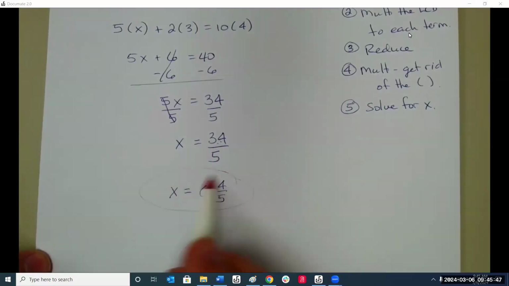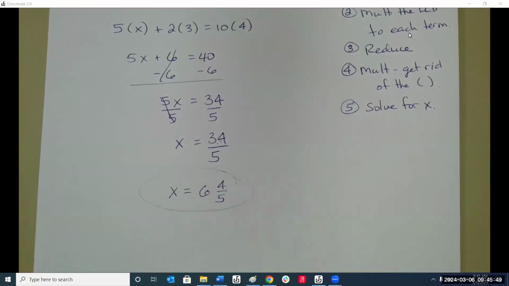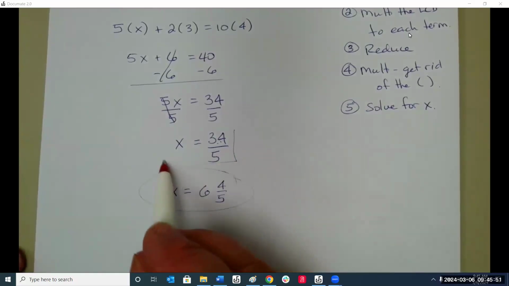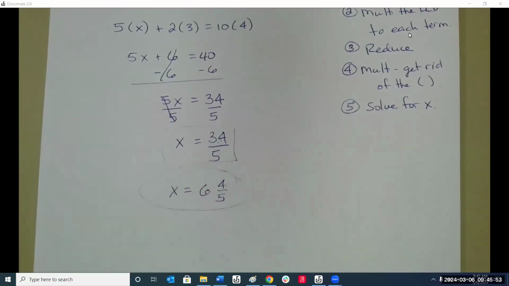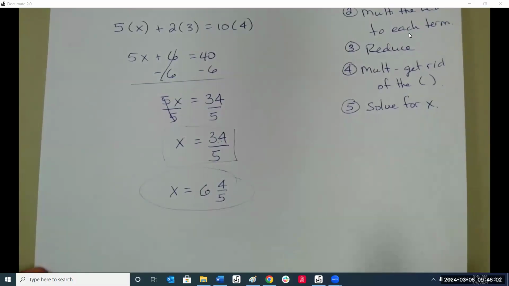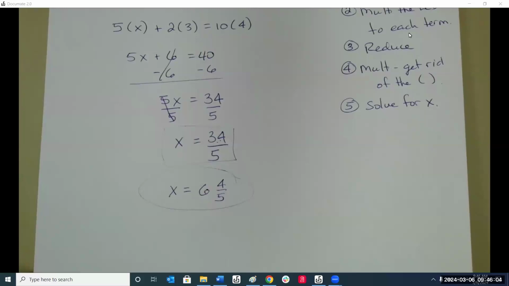So this is in reality what your answer should be. But I think the computer may take the improper fraction as an answer because it makes it easier for them to program. So this is the procedure we'll be using in this section. So far, so good. Let's look at our first example.